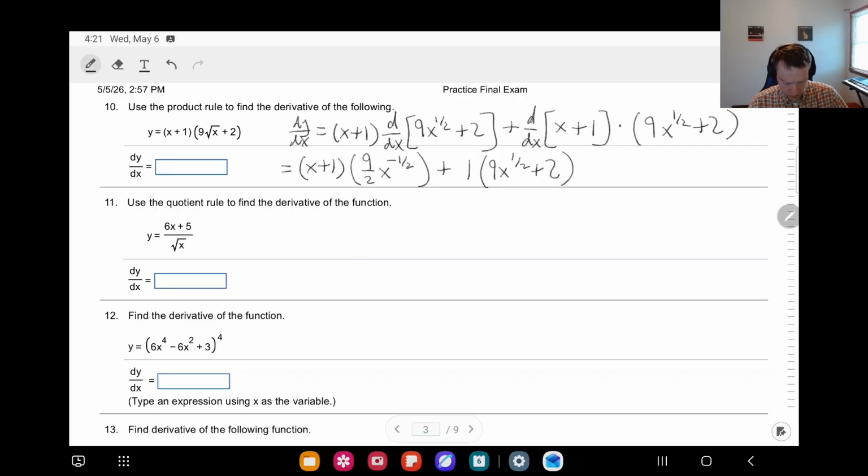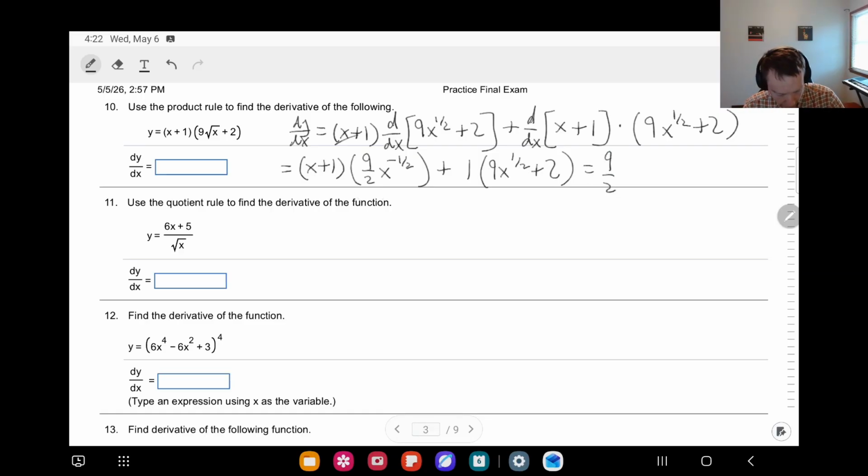Okay, so we have to distribute this part, multiply that out. When I do x times x to the negative 1 half, remember you add the powers. So that's x to the 1 times x to the negative 1 half. So that's 1 minus 1 half. And we've got this 9 halves coefficient here as well.